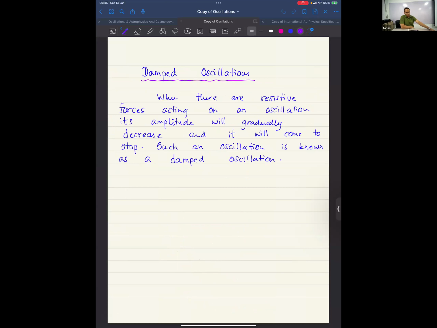When there are resistive forces acting on an oscillation, its amplitude will gradually decrease, and it will come to stop. Such an oscillation is known as damped oscillation.